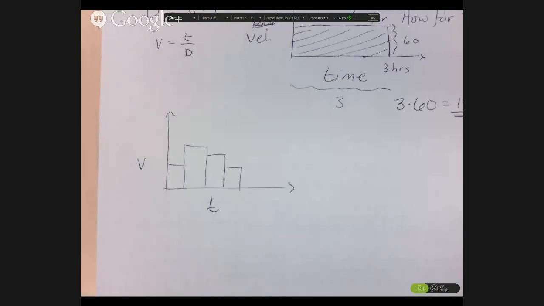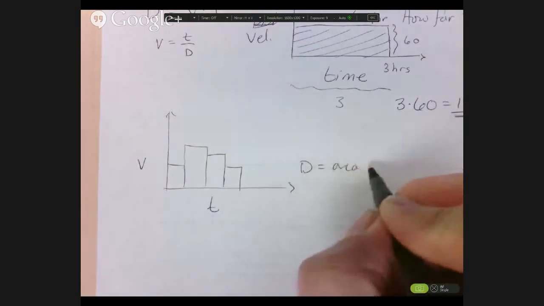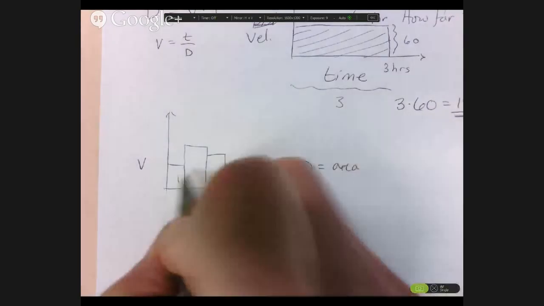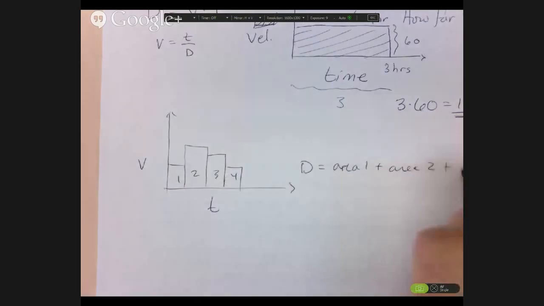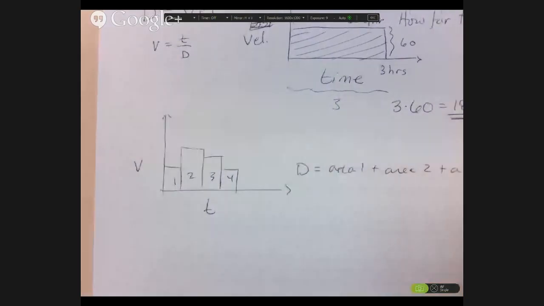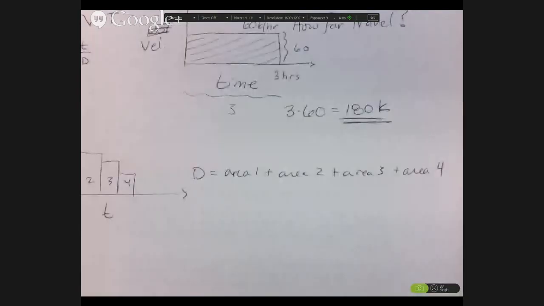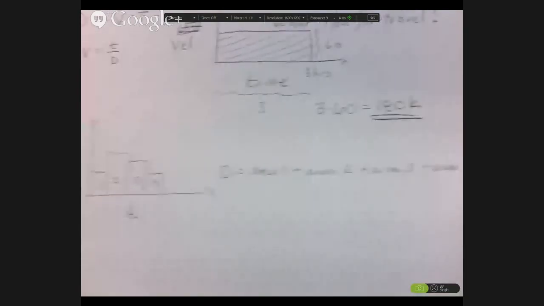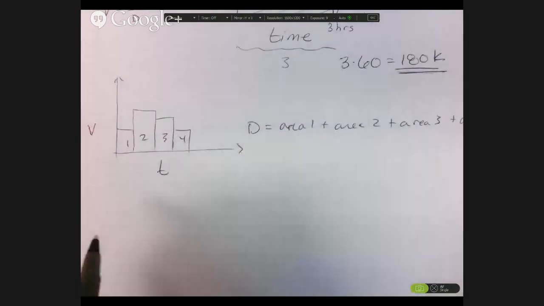How would I calculate distance traveled on that one? Okay, so calculate each area, add them up. I think you got the concept there.